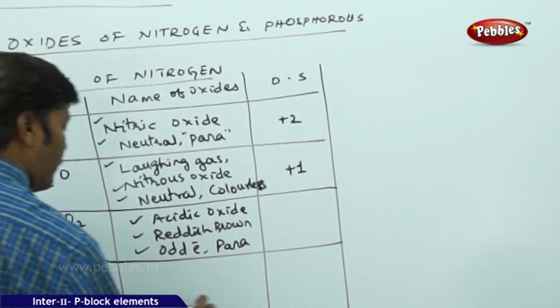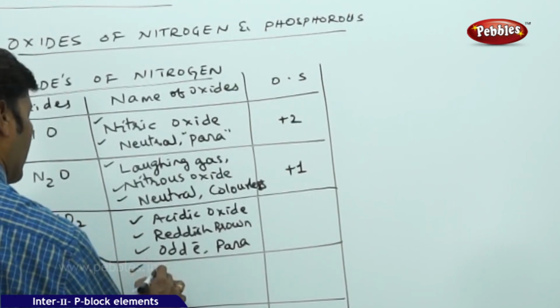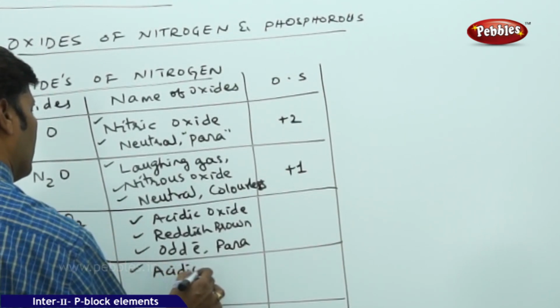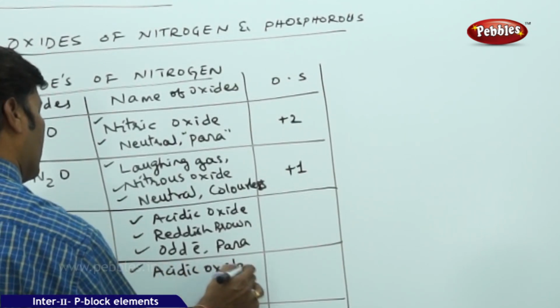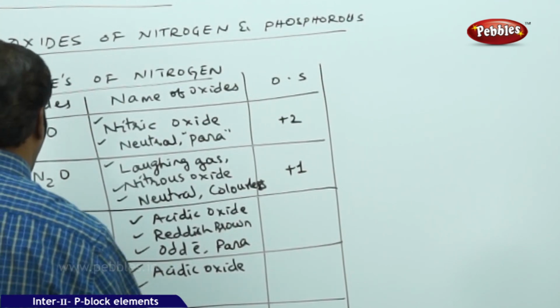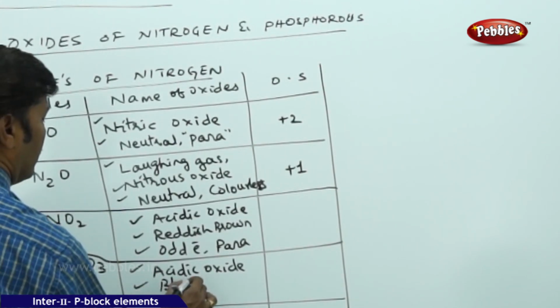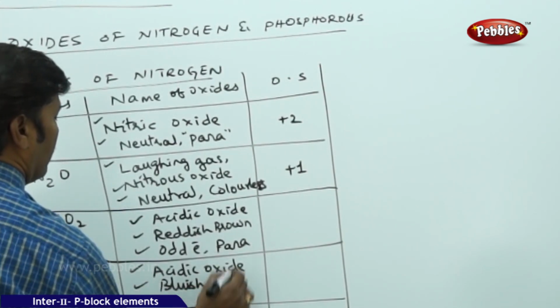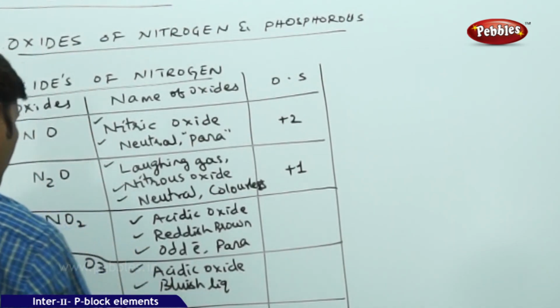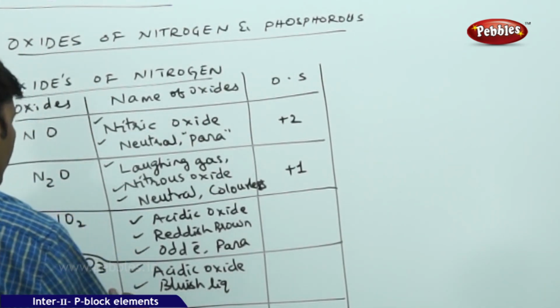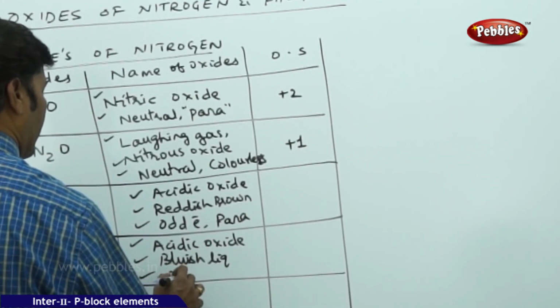If you go for N2O3, it is also an acidic oxide. You can give it a special name, this is called sesquioxide, and it is a bluish liquid. It forms a mixed anhydride.